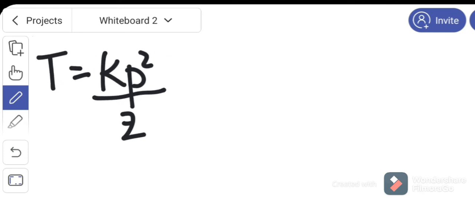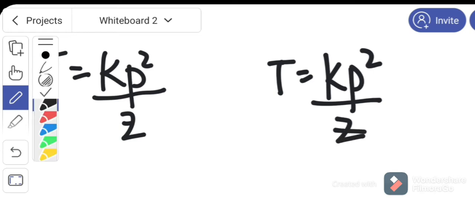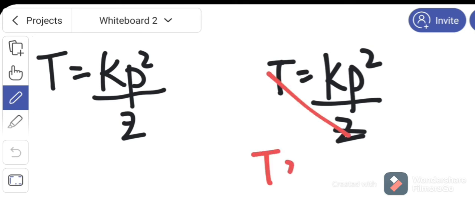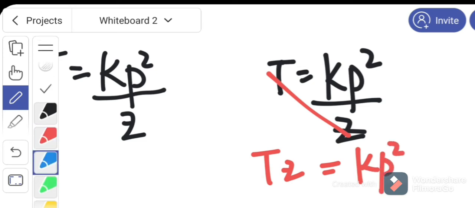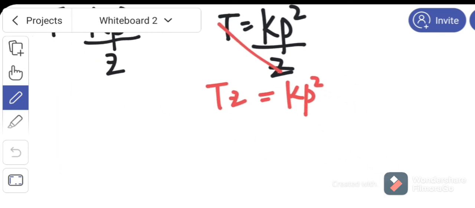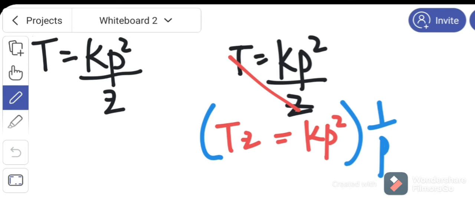So to find K, again, we will derive this equation. That's P squared over Z. Cross multiply, we'll have TZ is equal to KP squared. After that, we will continue by removing the variable beside K. That would be 1 over P squared.